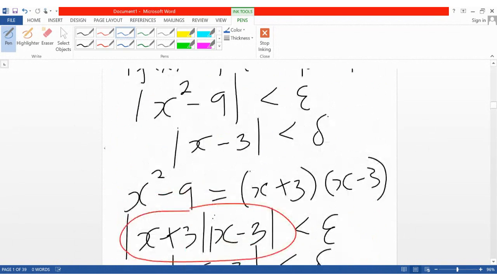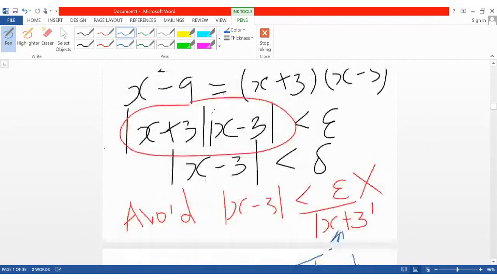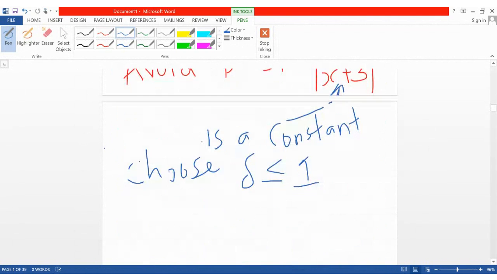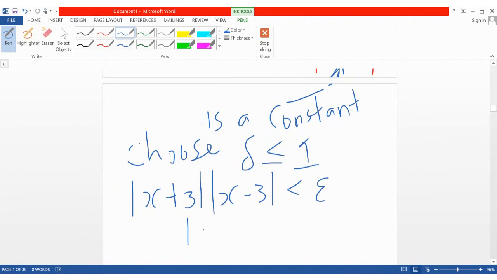Not any other number. So let me go back to what we have. This is what we have: the magnitude of x minus 3 is less than epsilon whenever the magnitude of x plus 3 is less than delta. Up there, I've just repeated what we had before.